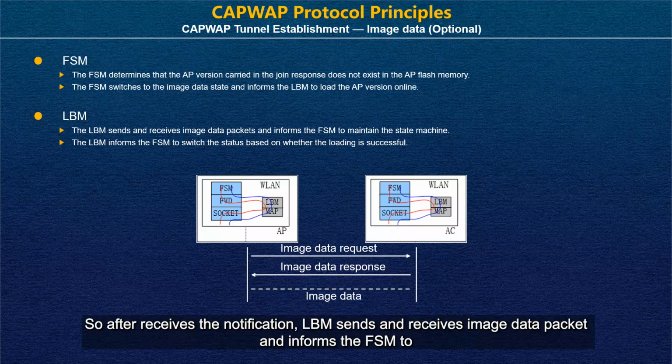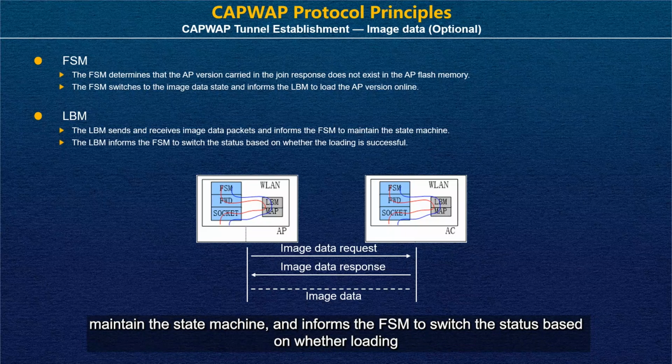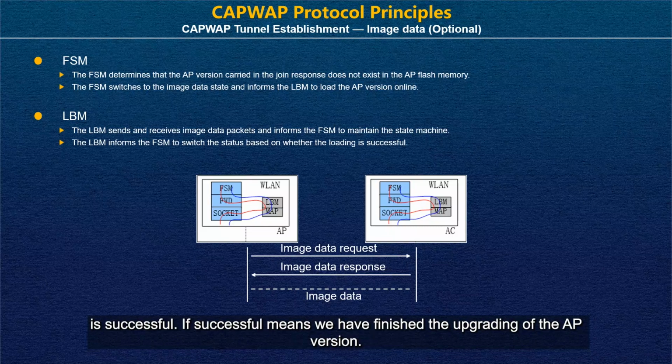After receiving the notification, the LBM sends and receives image data packets, and informs the FSM to maintain the state machine and switch the status based on whether loading is successful. If successful, it means we have finished upgrading the AP version.